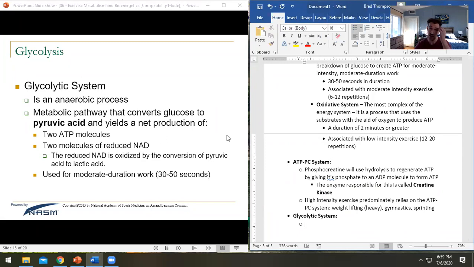This is breaking down, like what I should have been saying earlier, which is it's the metabolic pathway that converts glucose into pyruvic acid and ATP, right? Pyruvates.